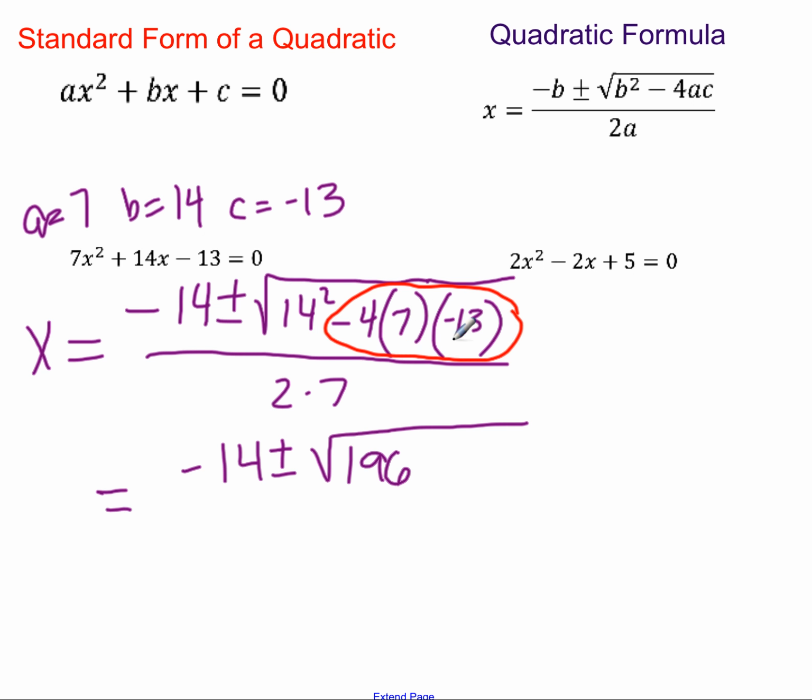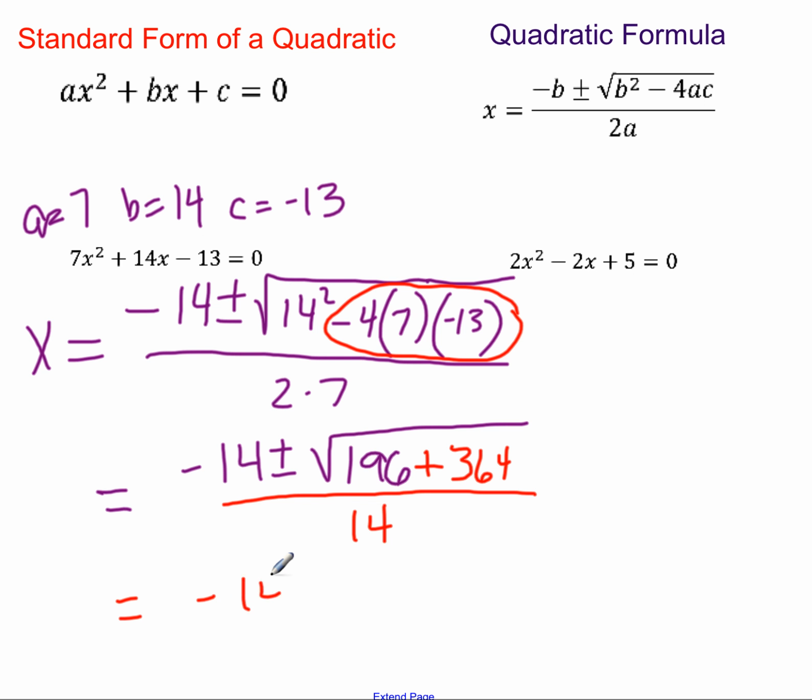So I basically have negative 4 times 7 times negative 13. I have two negatives, so that's going to make a plus. Then I use my calculator to figure out 7 times 4 times 13, or you can do it by hand, that's fine. 364, and the whole thing is over 14.